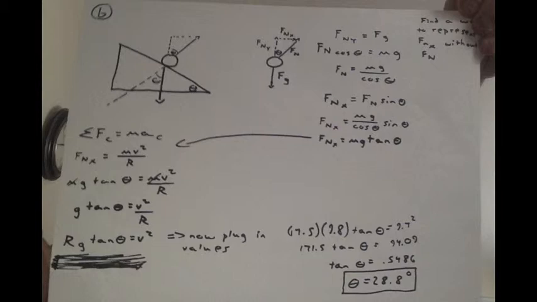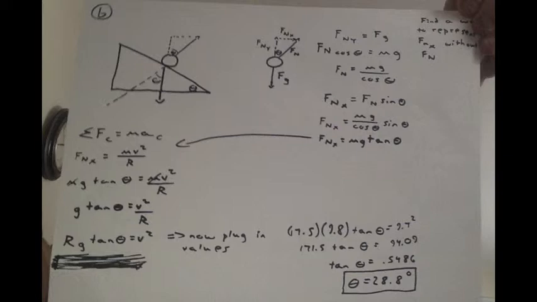So I started up here in the right corner, Fny equals Fg. And so Fny I was able to change into Fn cos theta equals mass times acceleration due to gravity. So from there I was able to divide both sides by cos theta and get that as the force of normal.